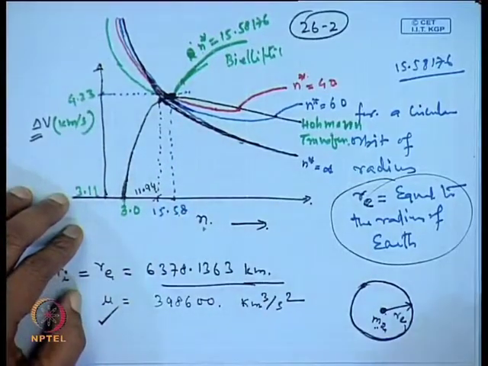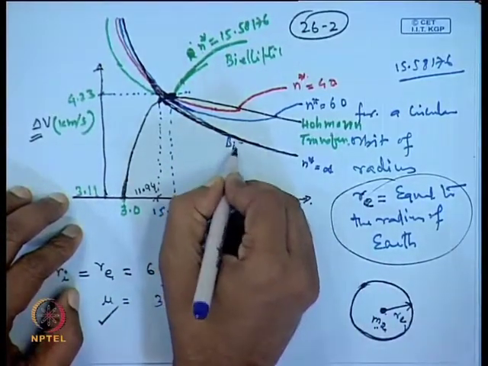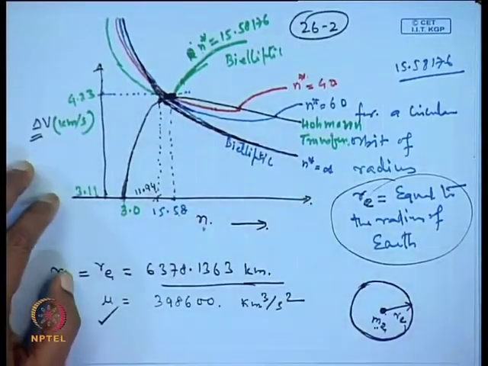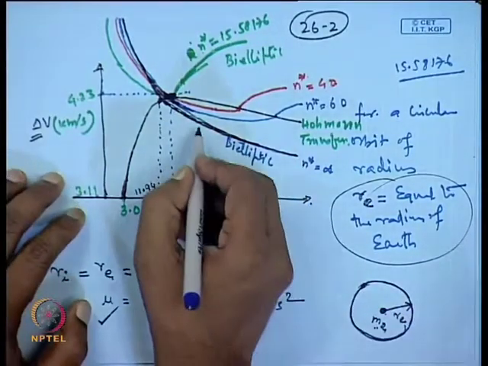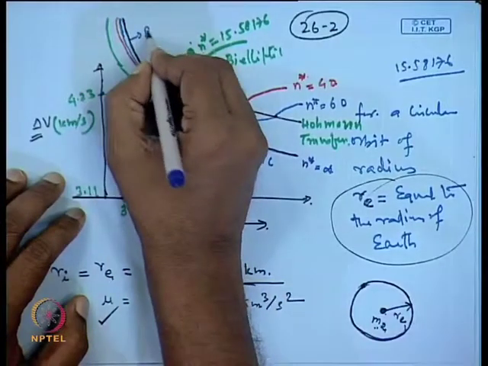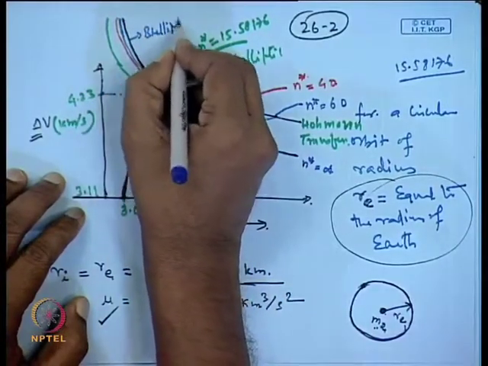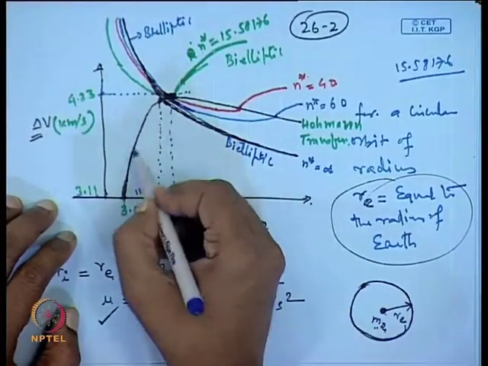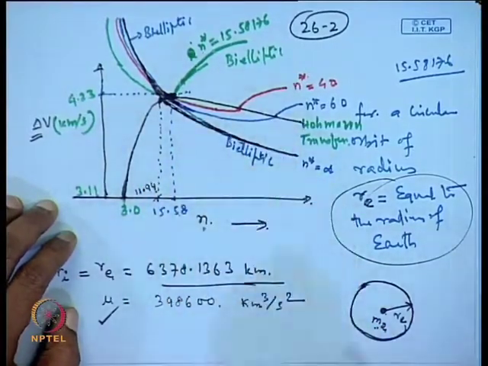So, this is our bielliptic transfer, and this is the black one which is shown here, this is the Hohmann transfer.